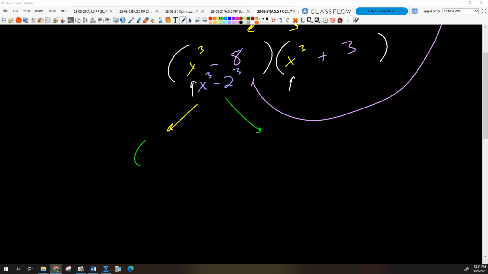So what's that going to give me for my little linear factor? What's my A? X. What's my B? Just 2, right? It's A cubed minus B cubed, where B is 2, right? Okay. So then what's the first factor going to be? X minus 2. There's my A minus B, right?